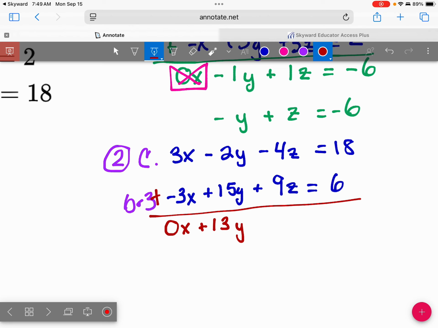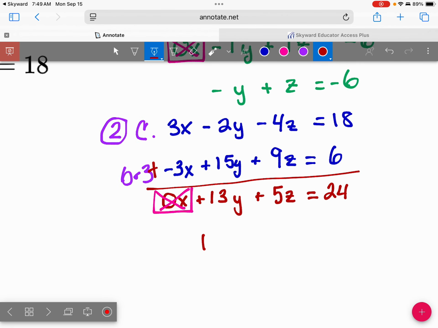Minus 4z plus 9z is going to give us a 5z. And that's going to give us an 18 plus 6, which is 24. So again, the whole point is that my x is canceled out, and we're left with just our 13y plus 5z equals 24.